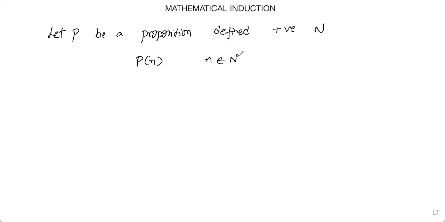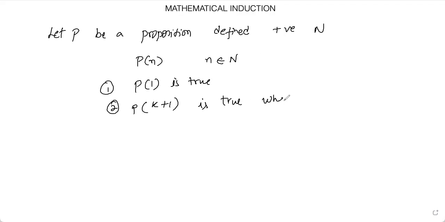Suppose P has the following properties: P of 1 is true, and P of k plus 1 is true whenever P of k is true.